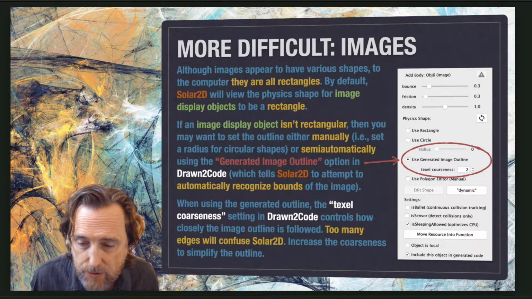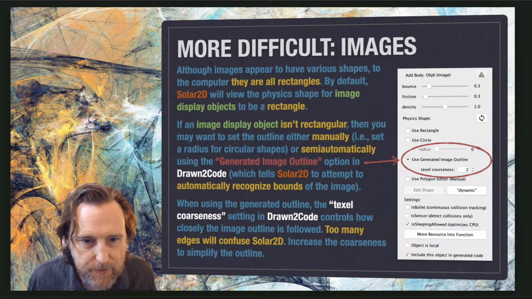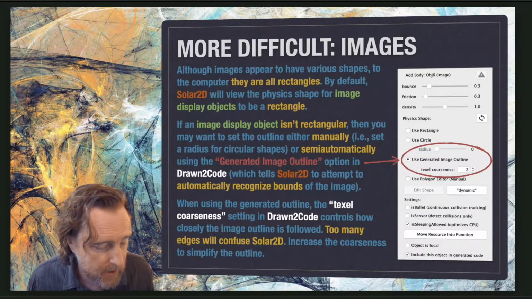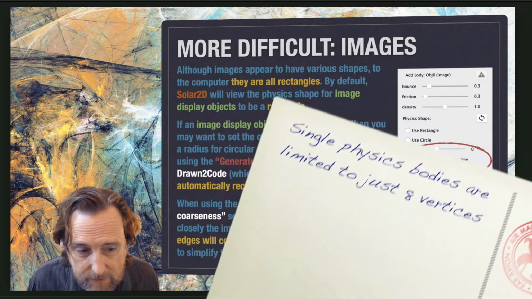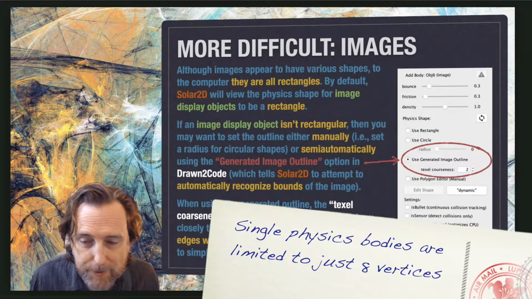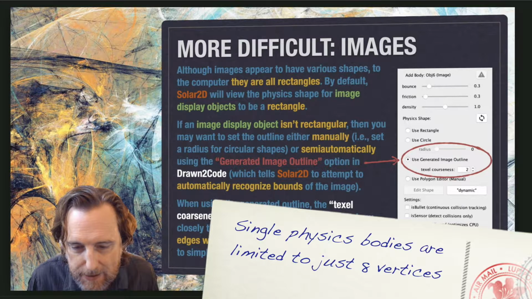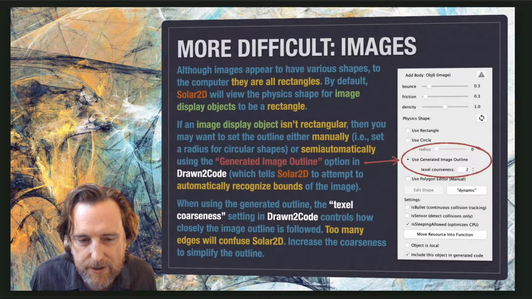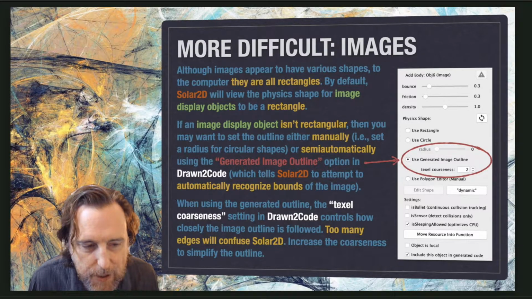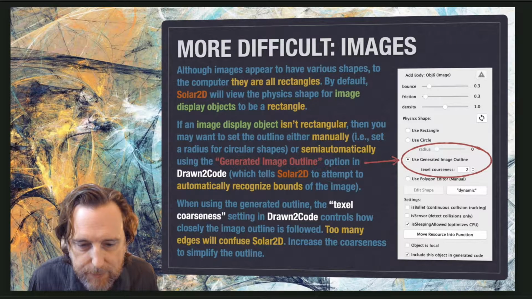It tries to do it, but it's limited in terms of the number of points it can use. Right now I can't remember what the limit is, but it's way less than you would expect. It's limited to just a handful of XY coordinates to outline the shape.